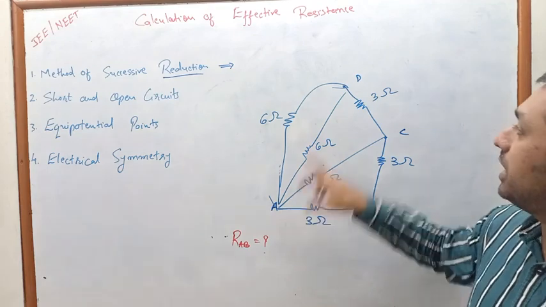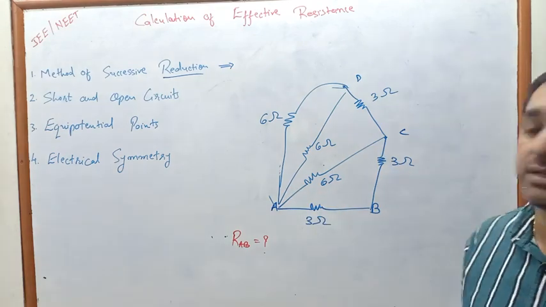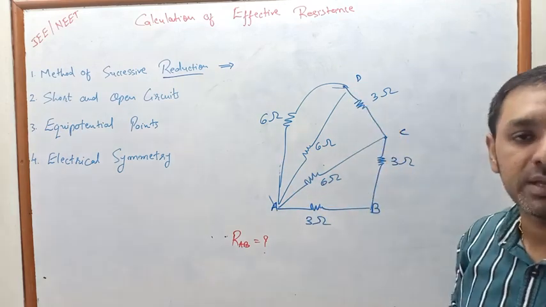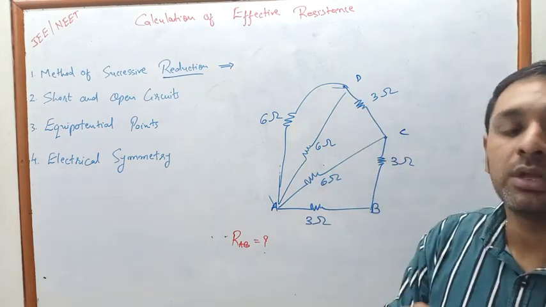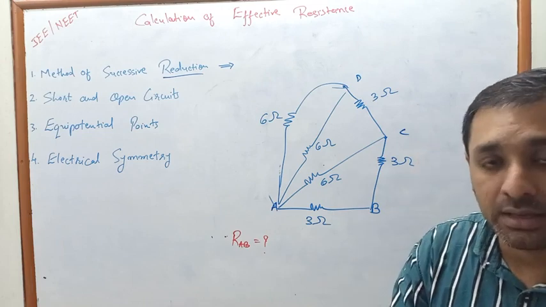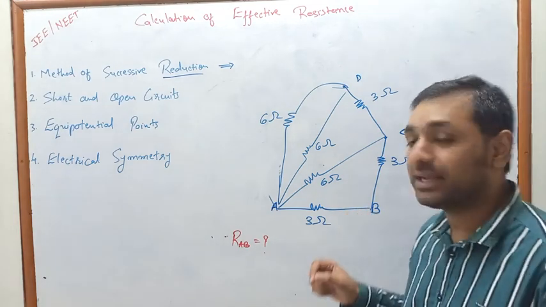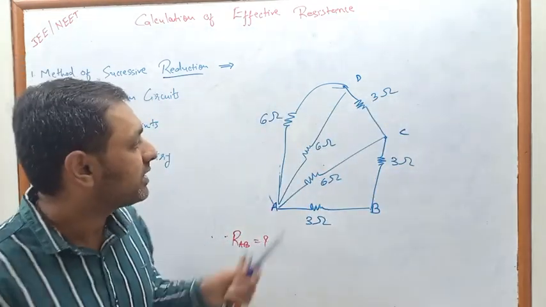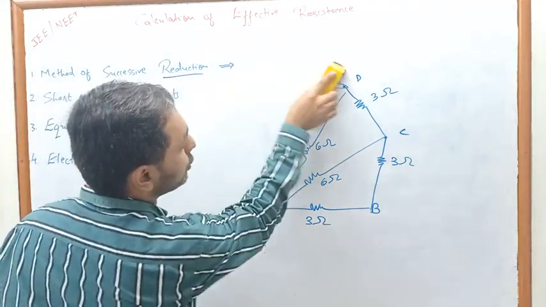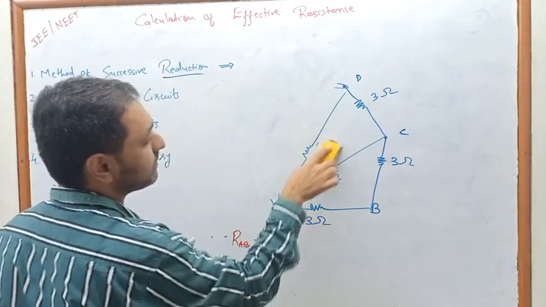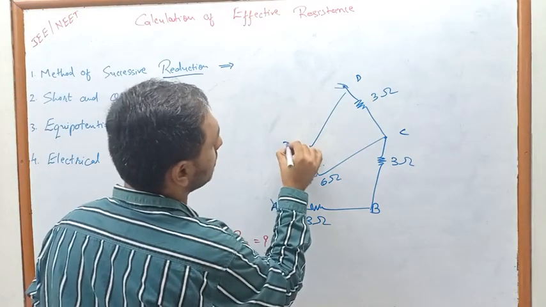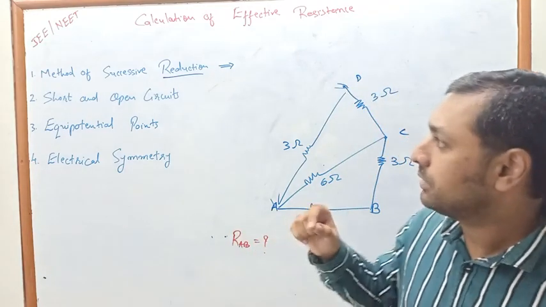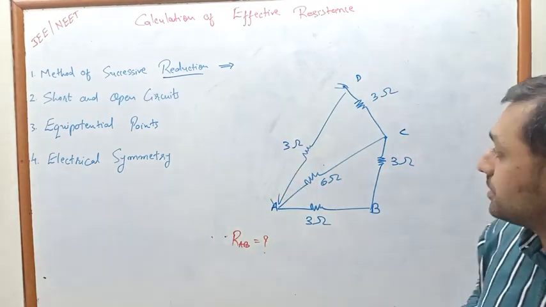Now consider this point A and D. There are two resistors connected in parallel. What is the rule? If two resistors are in parallel and they have the same value, in that case, resultant will be half. So instead of these two resistors, I can write 3 ohm over here. You can see that I am reducing the number of resistors.